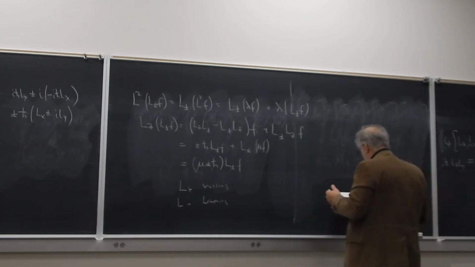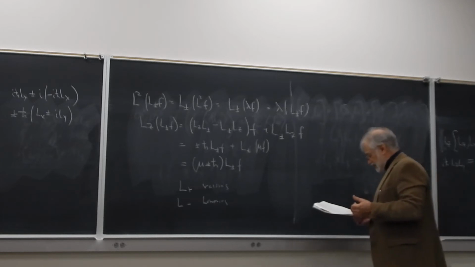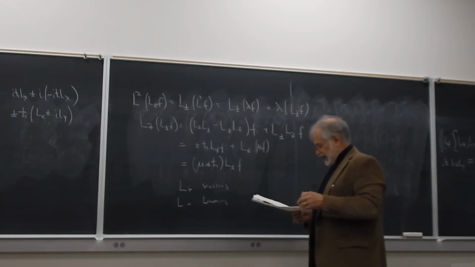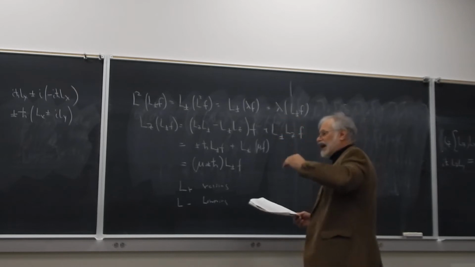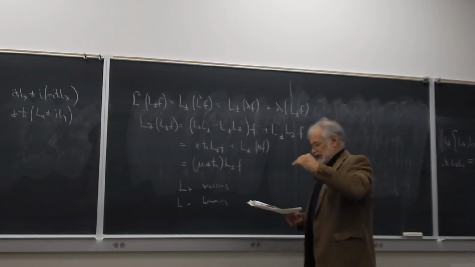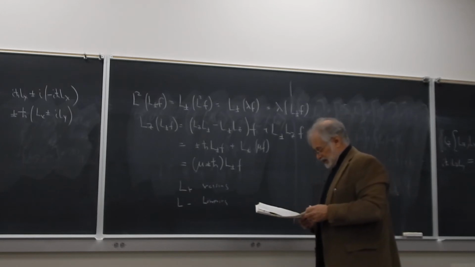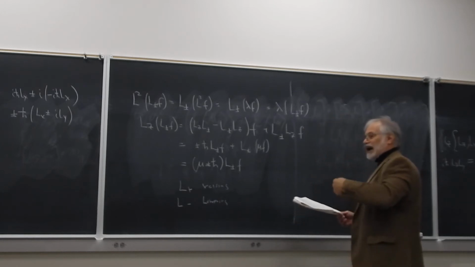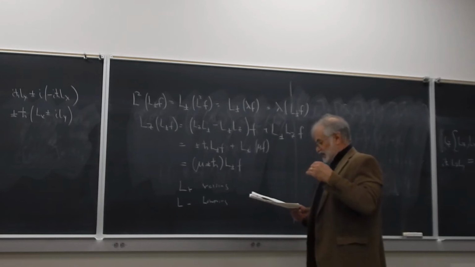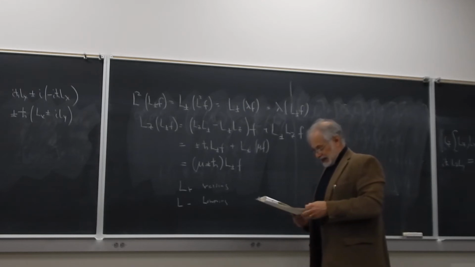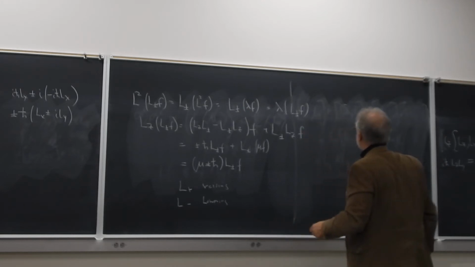So for a given lambda, we get a ladder of states. Each rung of the ladder is separated by ħ in the eigenvalue of Lz. So to go up, I apply L plus. To go down, I apply L minus. Okay, very interesting.